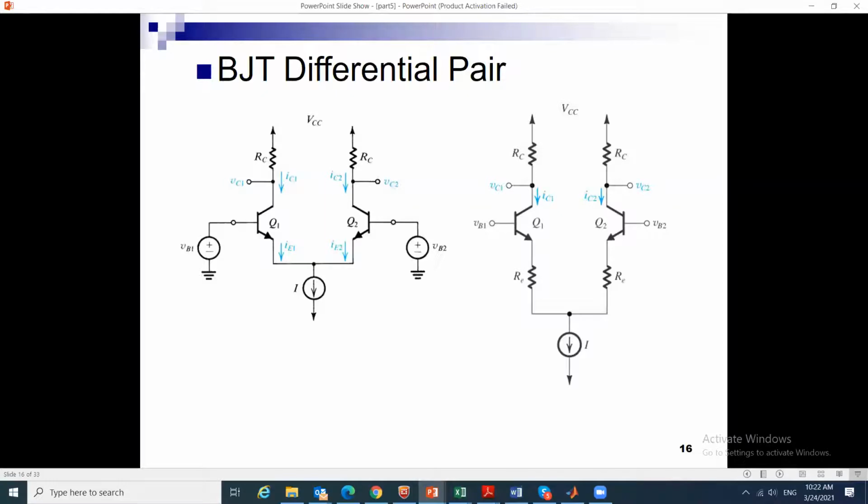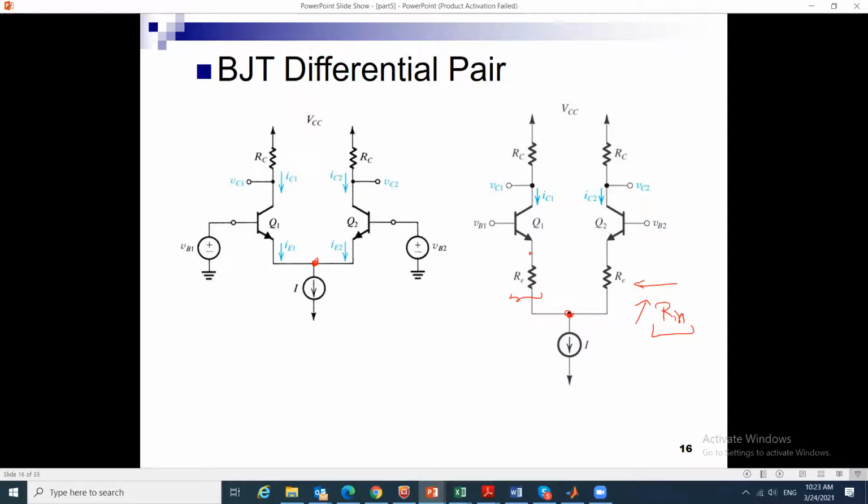One implementation where I have the emitter node directly connected to the current source, and another implementation where I have a resistor RE between the emitter and the current source, and this is added to increase the input resistance, because it has the same mirror effect, like we used to say: R pi plus beta plus 1 times RE. In a similar fashion, here this increases the input resistance, so we may have it within our implementation.